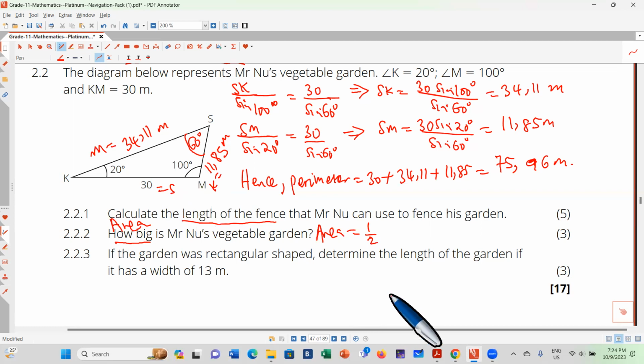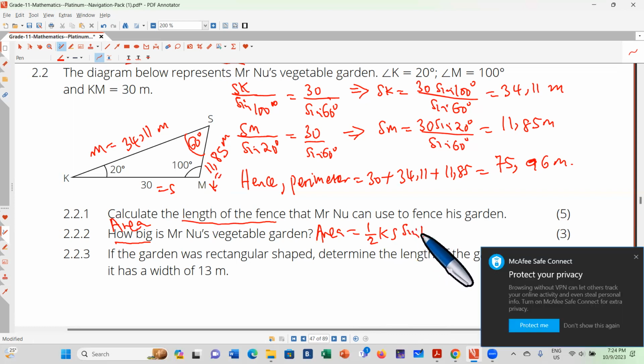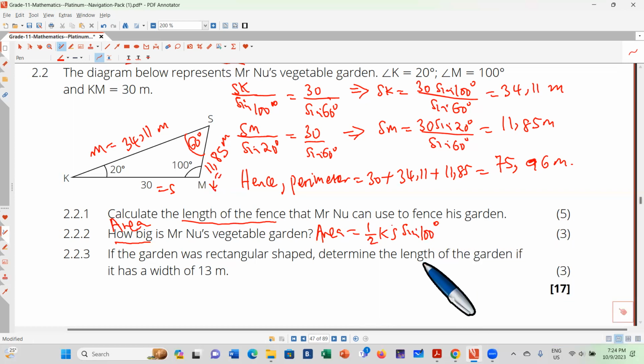So you can use half ks, the sine of 100, or the sine of the angle m.